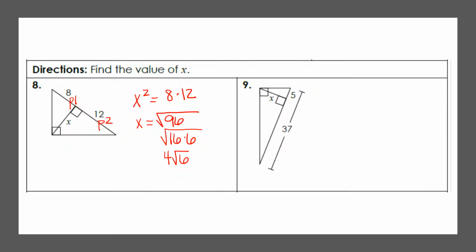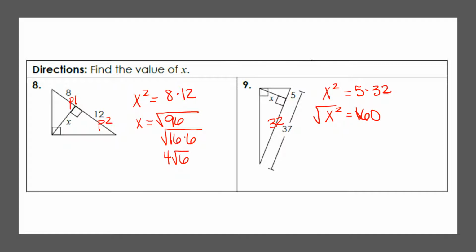On number 9, I know the whole of the hypotenuse and I know one part, so I'm going to go ahead and subtract 37 minus 5 and get that this part's 32. So then my altitude squared, x squared, is going to equal part 1 times part 2, or 5 times 32. So x squared is going to equal 160.